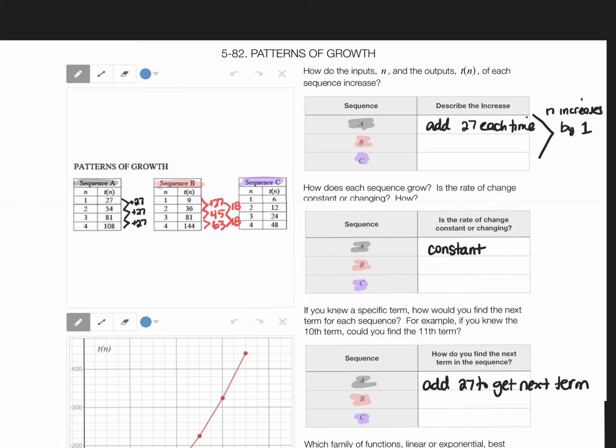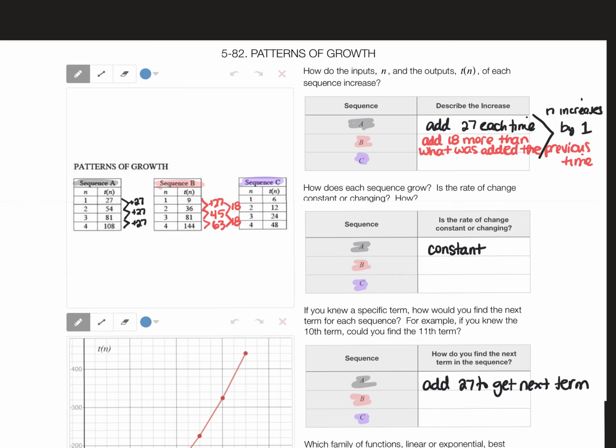That is also 18. So what I see is that I'm adding 18 more than what I added last time. Okay, so I'm going to add 18 more than what was added the previous time.